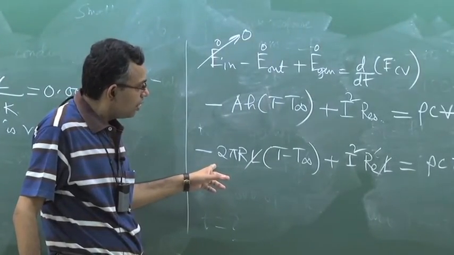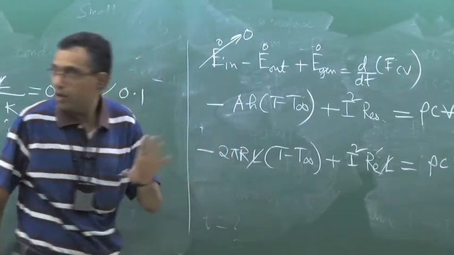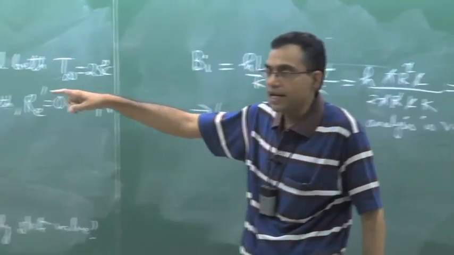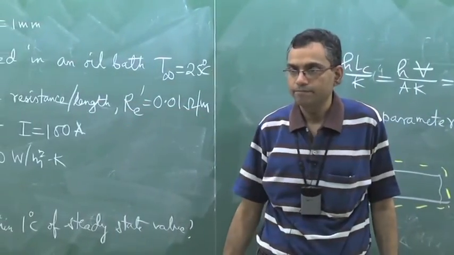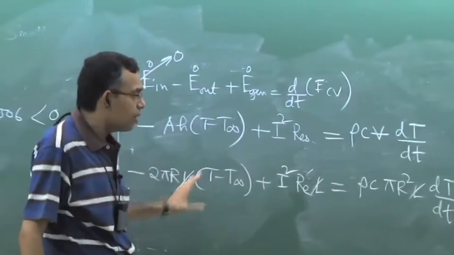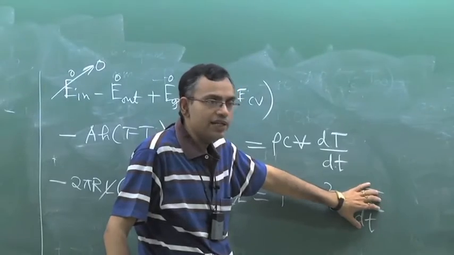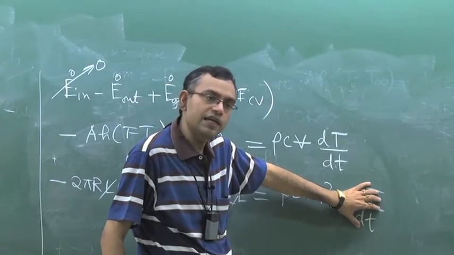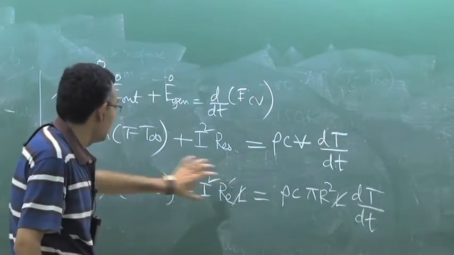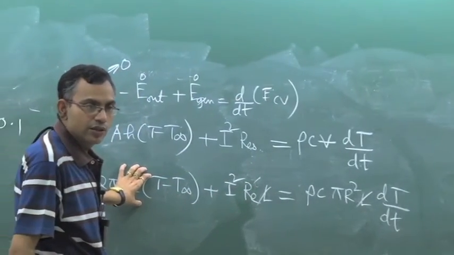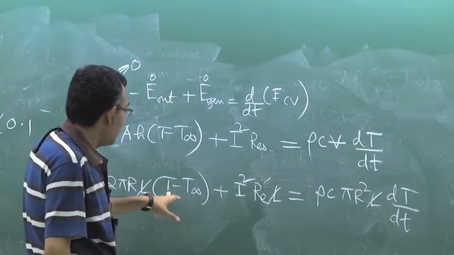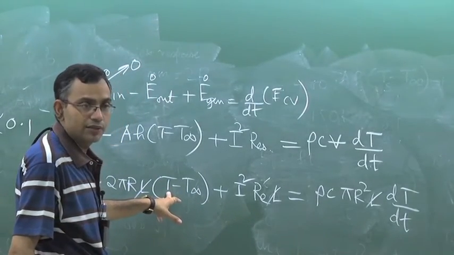Now all the values are known, so what is the first part? What is the steady state temperature of the wire? The steady state temperature of the wire is obtained when this temperature stops changing with time. So when this term is 0, then generation balances heat loss. So the left hand side equal to 0 will give the steady state temperature.